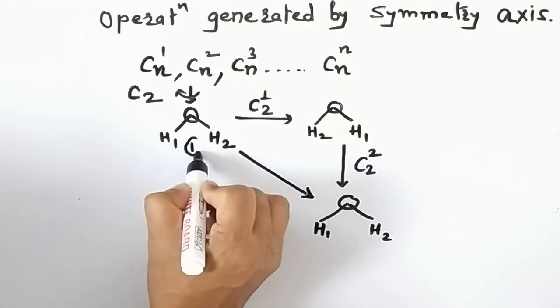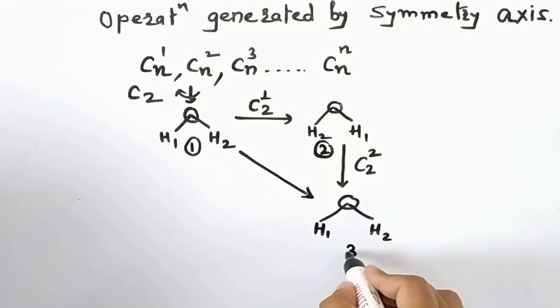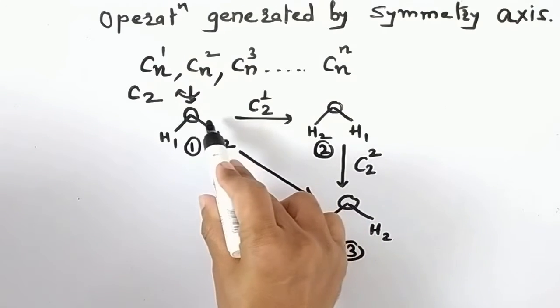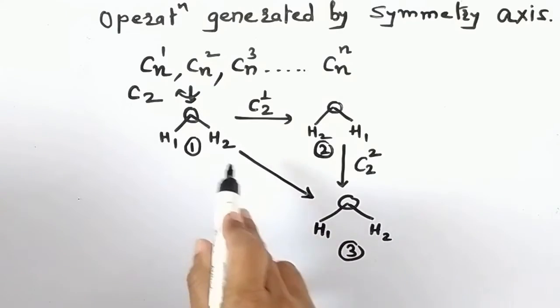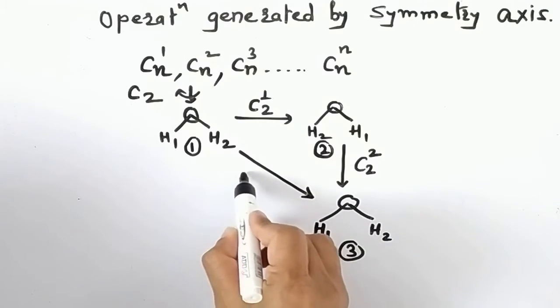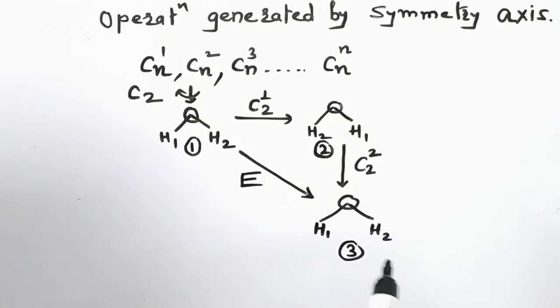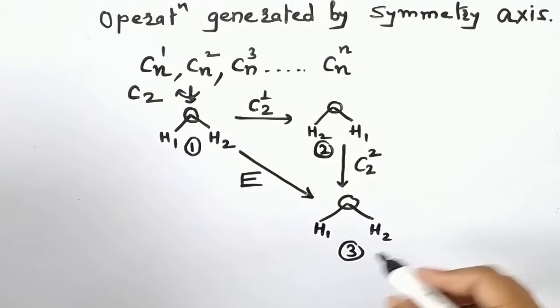I will name them 1, 2 and 3. That means if I operate C2 two times, I get an identical image, which is called E.